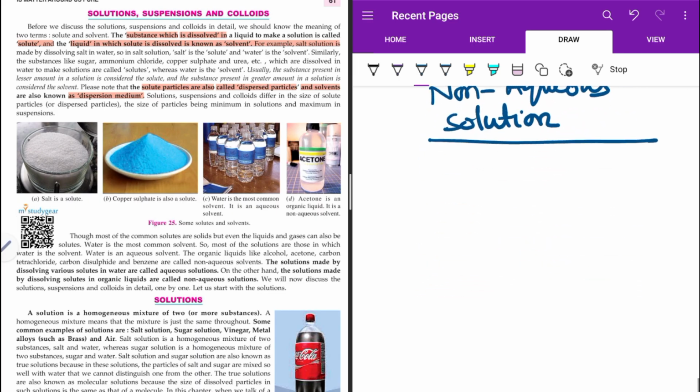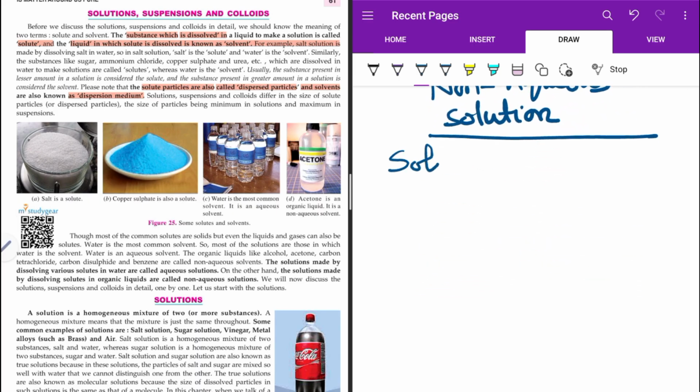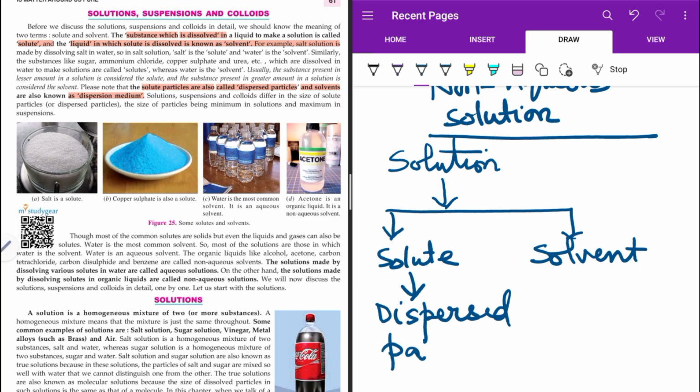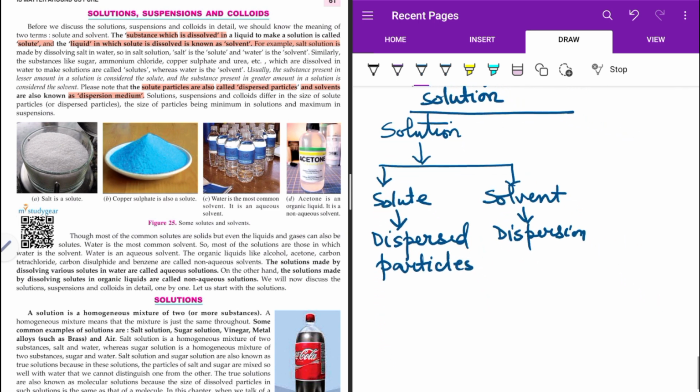So keep these two terms in mind: in a binary solution, you have two things, the solute and the solvent. The solute is known as the dispersed particles, as its particles remain dispersed in the medium, and the particles of the solvent are the dispersion medium. In this medium, the solute particles remain dispersed.